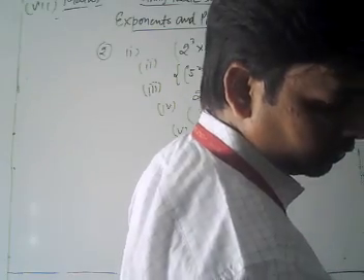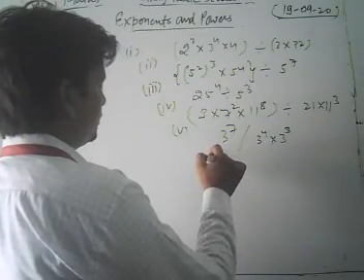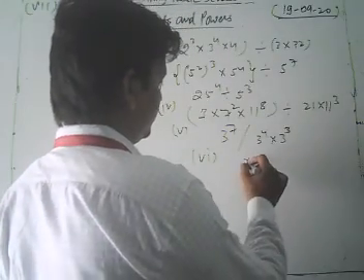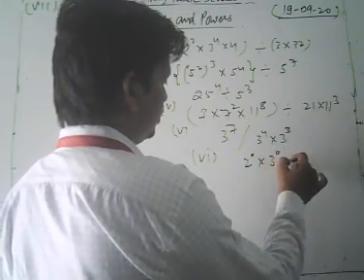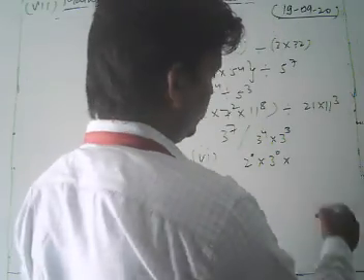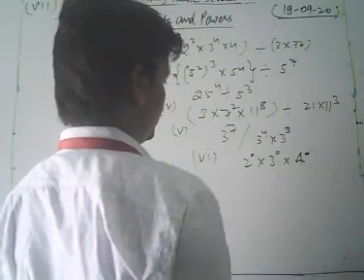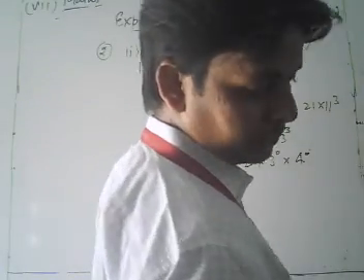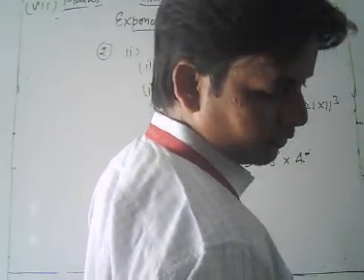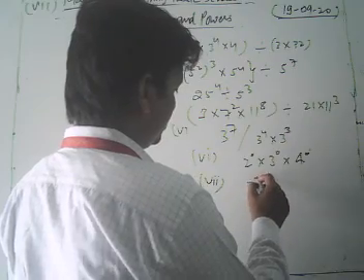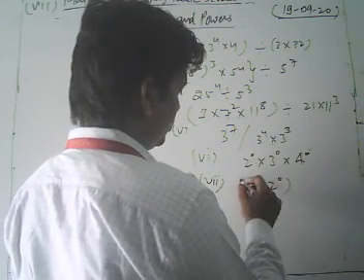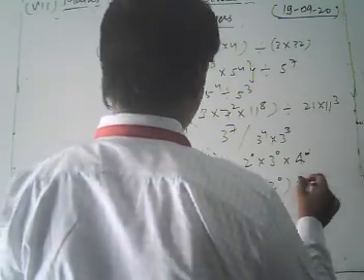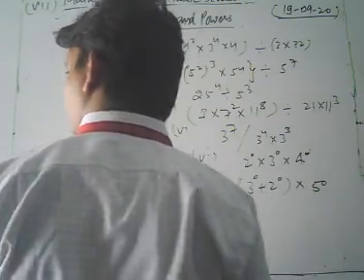Now the sixth part of this question is 2 to the power 0 into 3 to the power 0 into 4 to the power 0. Now we take and solve the seventh part of this question. Here it is (3 to the power 0 plus 2 to the power 0) multiplied by 5 to the power 0.